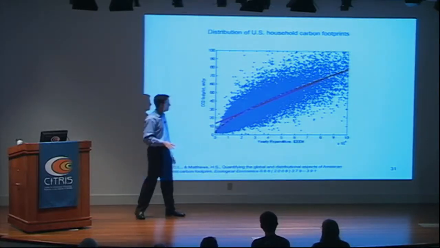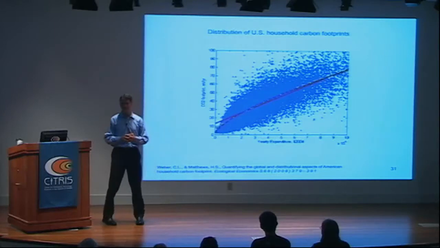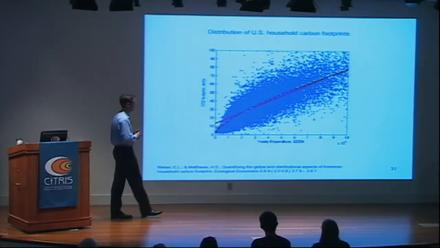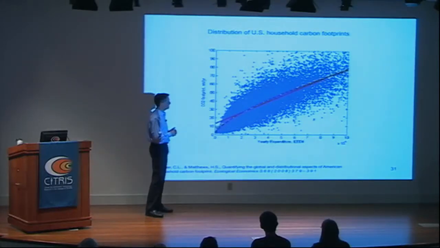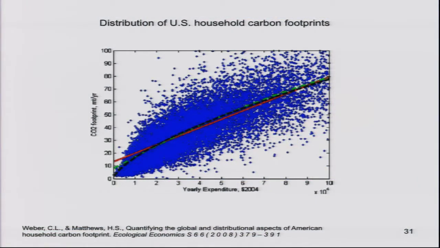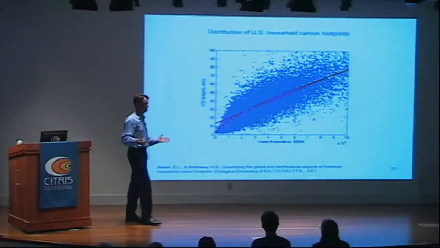So this is a really interesting analysis by Weber and Matthews at Carnegie Mellon University, which I really like. This is the carbon footprint of everybody who took the consumer expenditure survey. On the x-axis, we have their income, and on the y-axis, the carbon footprint. What's interesting here is that they're absolutely all over the place.